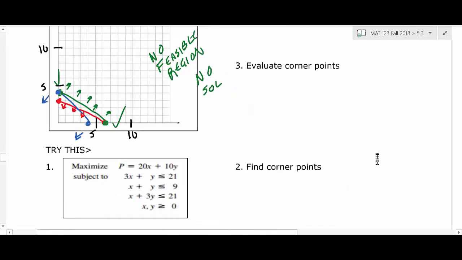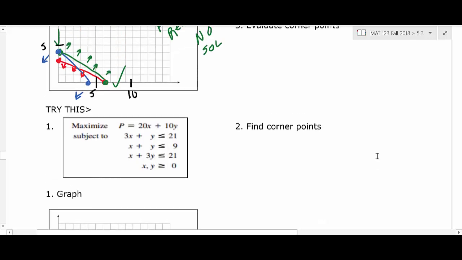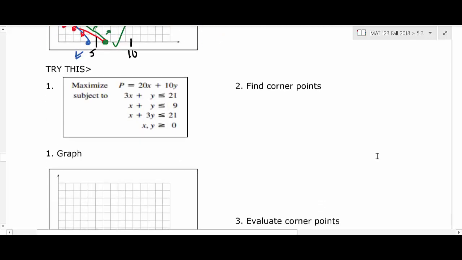Let's go ahead and see if you can put this one together. Now you've got 3 lines, and it's all less than, less than, less than. So if all 3 are less than, where are you going to be? You're going to be down in that corner, right? So go ahead and get the graph on this and see if you can finish this up.